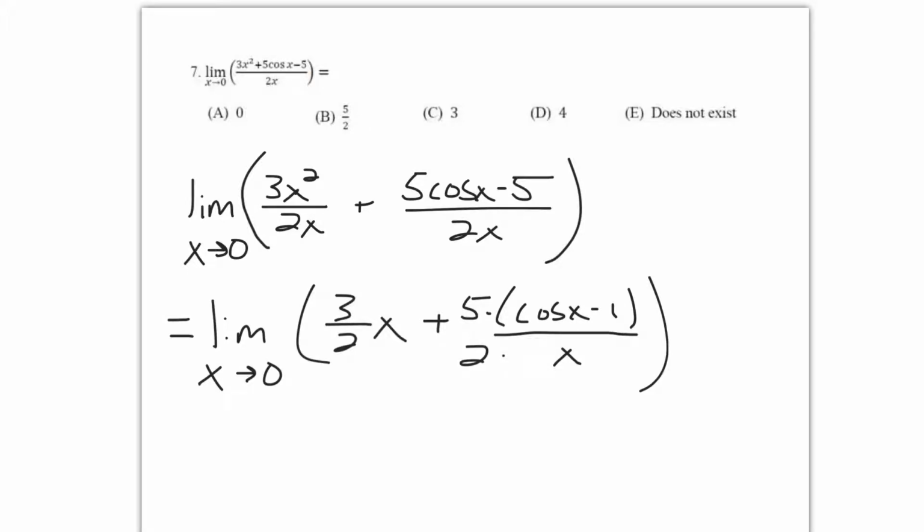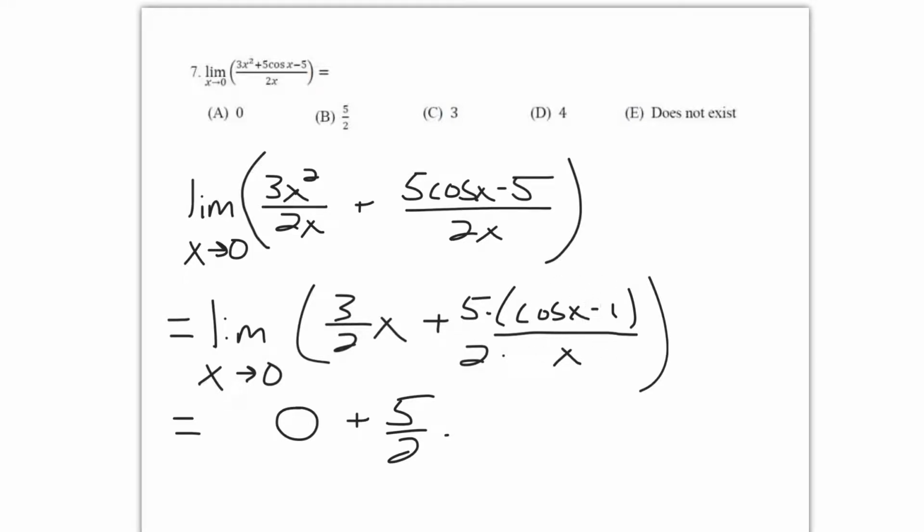This is actually pretty cool, I think, being a nerd. If you put 0 in for this, this is going to approach 0. 3/2 of 0 is 0. This over here, we got a plus sign, 5/2, there's no variable in that, and it's going to be times cosine of x minus 1 divided by x.